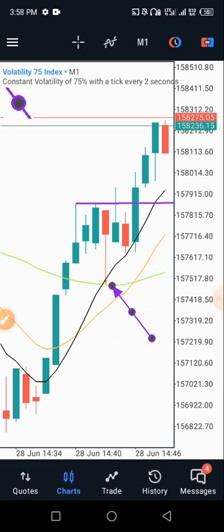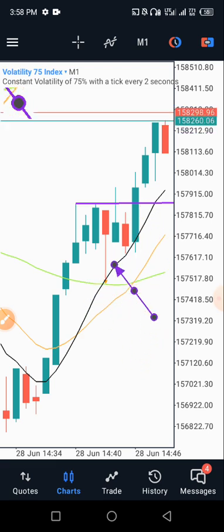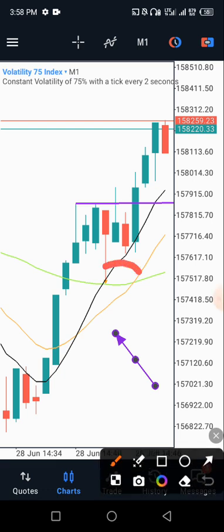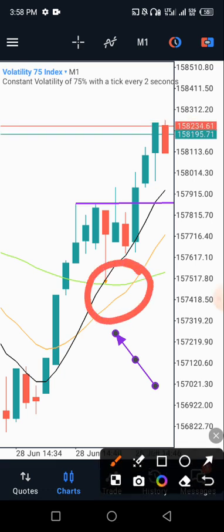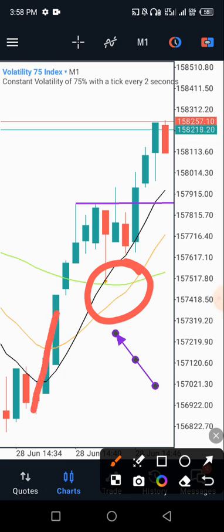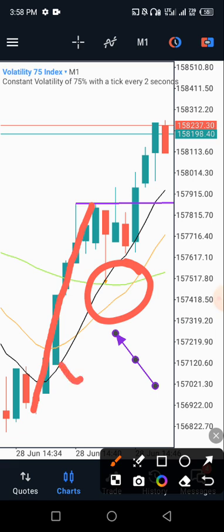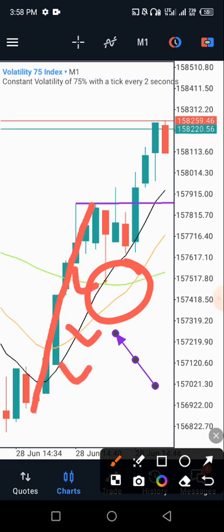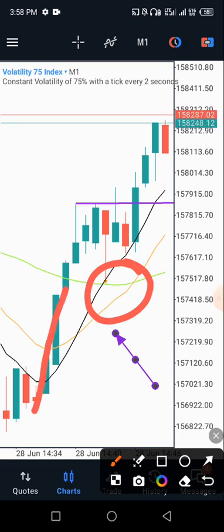Once these three moving averages cross together, the next thing we want to see is the candlestick crossing these three moving averages, the black, the yellow, and the green. We want to see our candlestick crossing above.